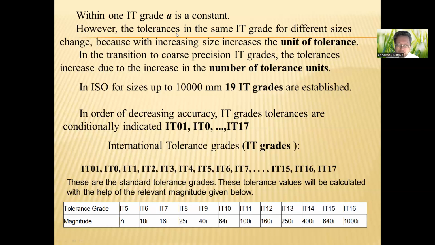In ISO for sizes up to 10,000 millimeters, 19 IT grades are established. In order of decreasing accuracy, IT grade tolerances are conventionally indicated IT 01, IT 0, and so on up to IT 17.